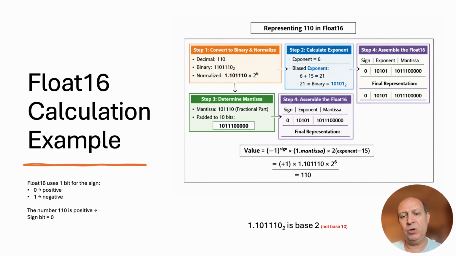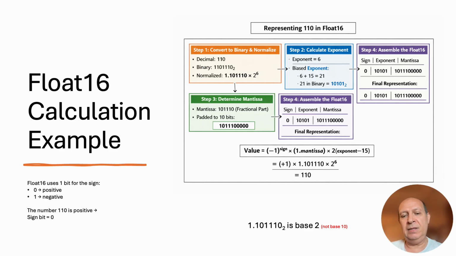The 1 point mantissa means 1 point fraction. So instead of the mantissa, we drop the mantissa we identified in step 3, and we precede that with 1 point. Then we multiply everything by 2 to the exponent minus 15, and we return back to the exponent, which is 6.